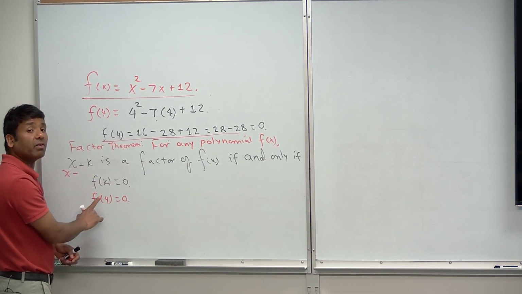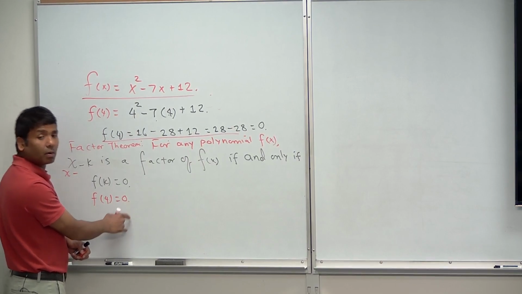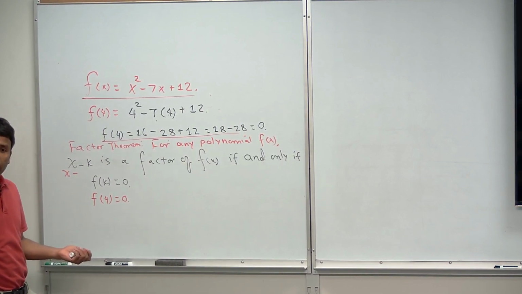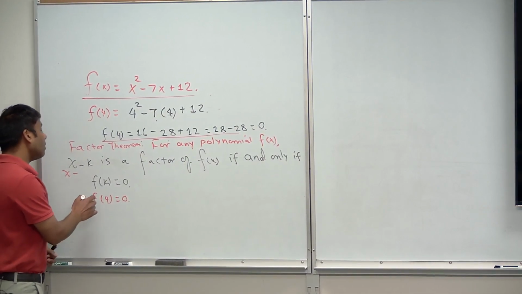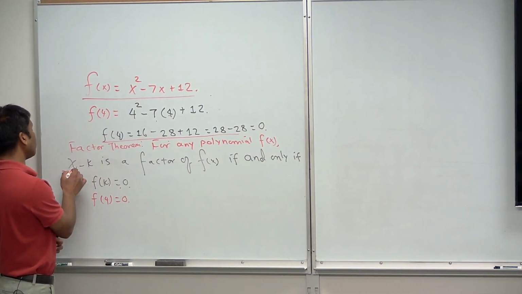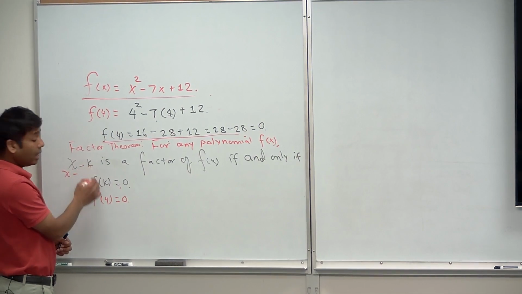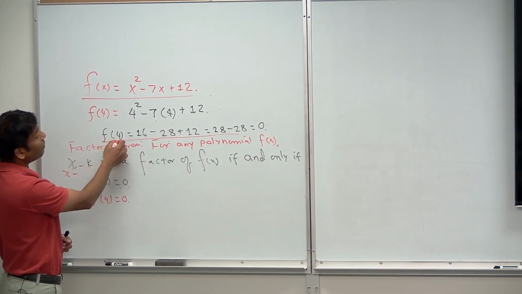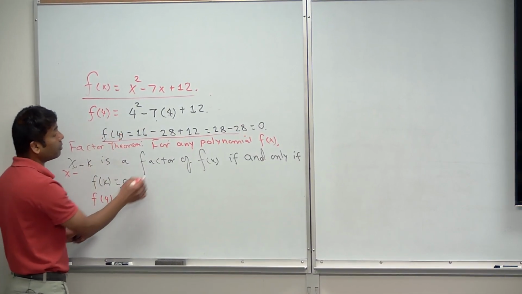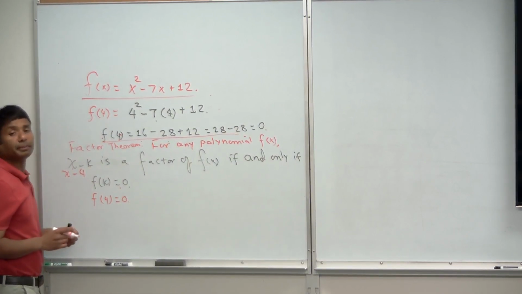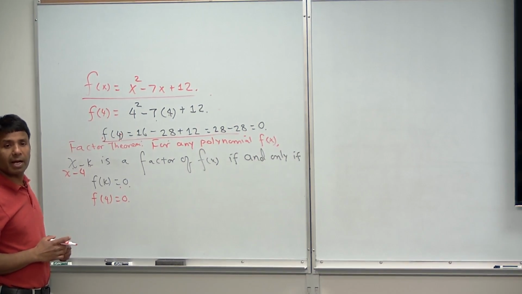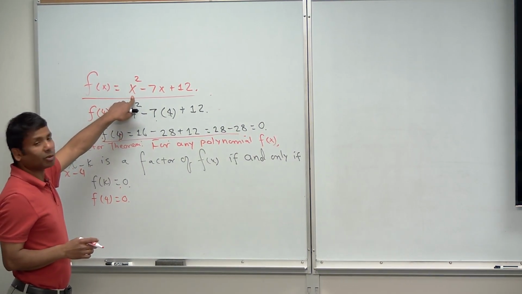If f of 4 equals 0, what will be the factor? x minus 4. Is that right? So x minus 4 is a factor of what? This.